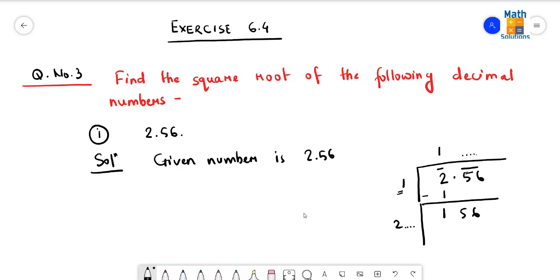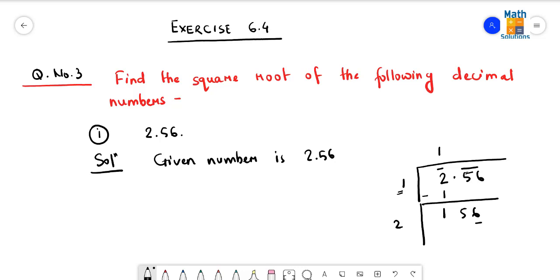If I place 6 along with 2 here, here also I should put 6, and 6 into 26, the result should come as 156. As we are not sure, we have to confirm what number we are to place here, then only we shall be able to get the answer. The units place here, I find that it is 6.